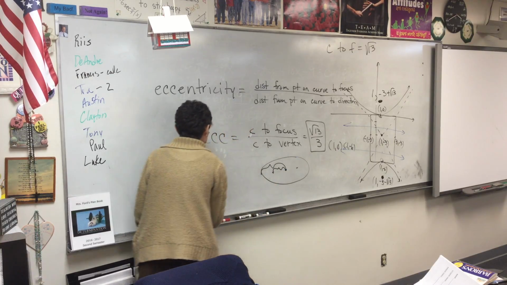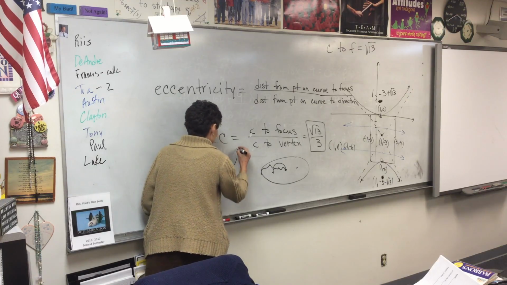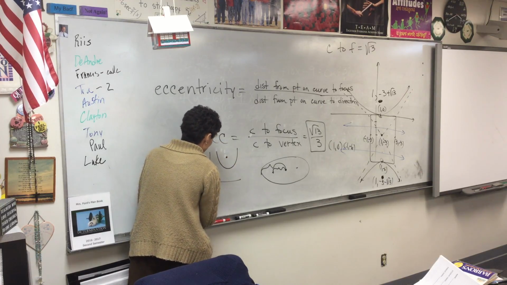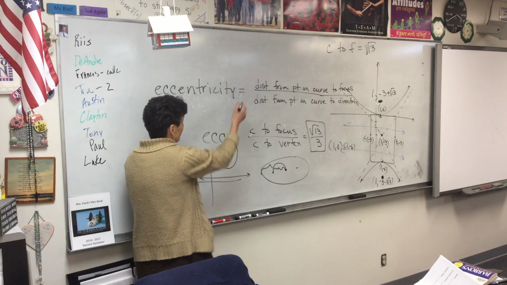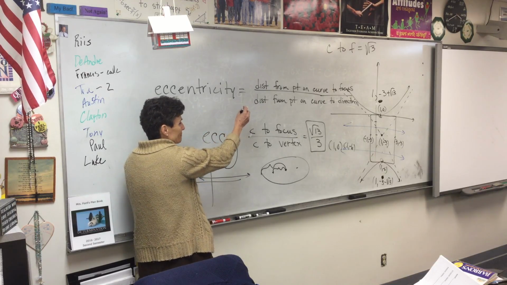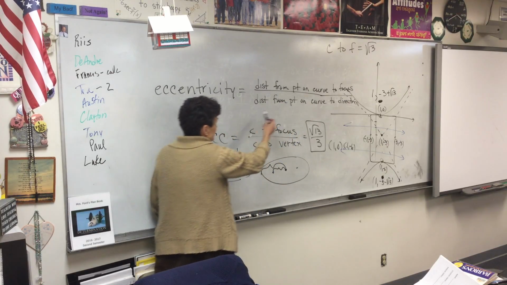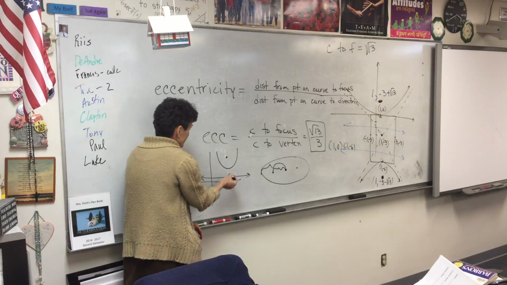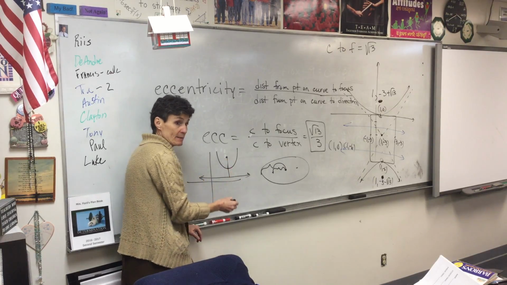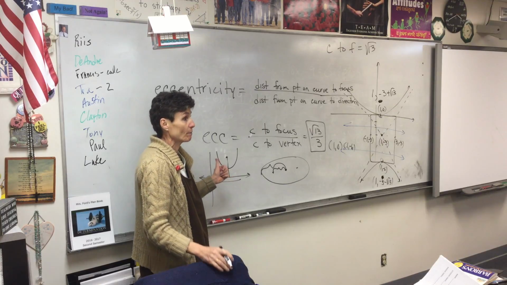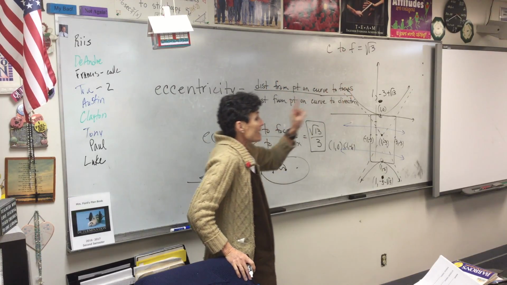Yeah. Let's think about our parabola. We know here's the focus, and we know here's the directrix. Now go back to the original definition: distance from a point on the curve to the focus, distance from a point on the curve to the directrix. What do we know about these two distances? They're going to be equal. So the eccentricity of a parabola is always going to be 1.